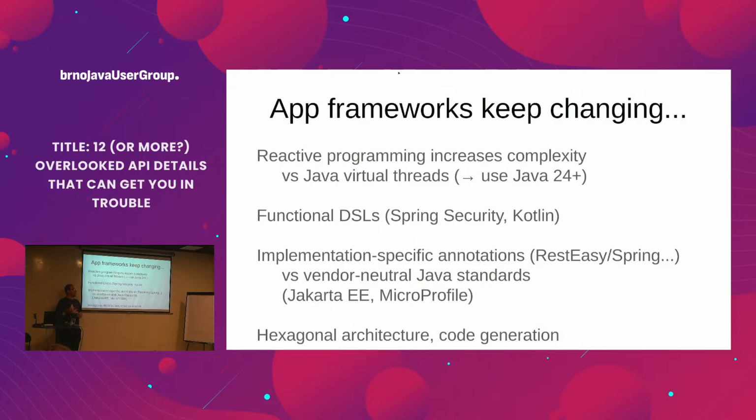Another trend that I've seen is that the coding style shifts a little bit from annotations to something that uses more the functional programming style, DSLs with some tree-like structures that might have some advantages again.